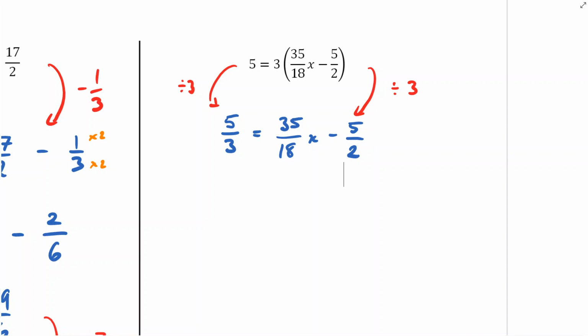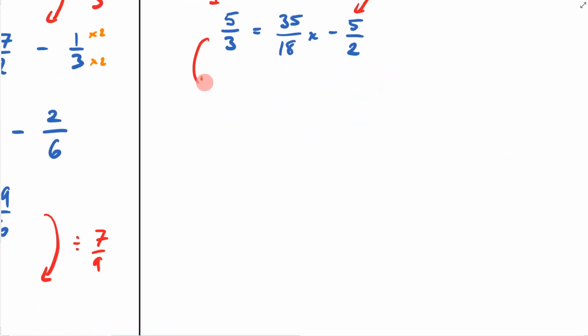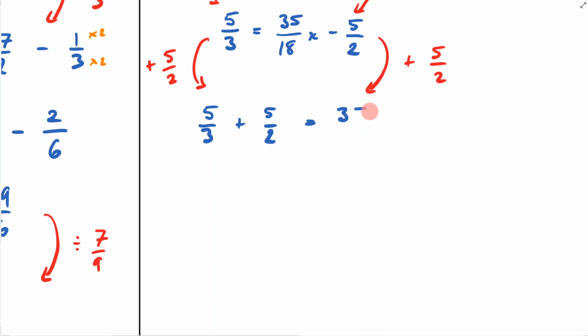Then, after I've done that, I'm going to plus both sides by 5 on 2. Because that's going to leave me with 5 on 3 plus 5 on 2 is equal to 35 on 18 x.